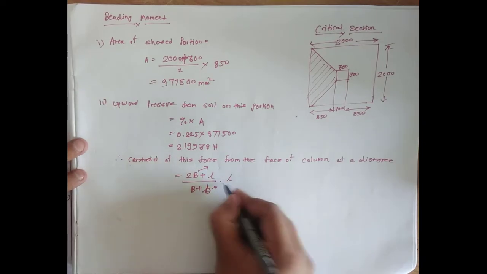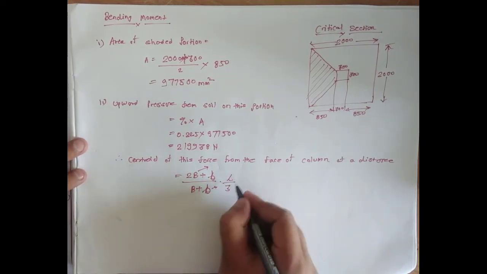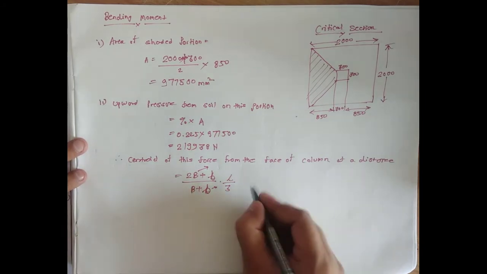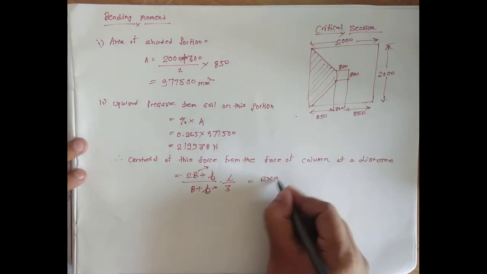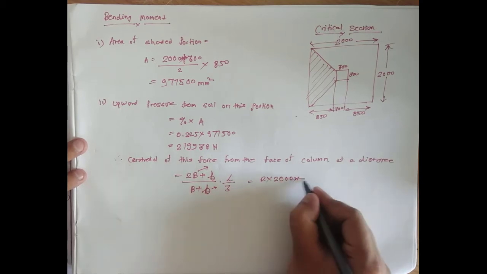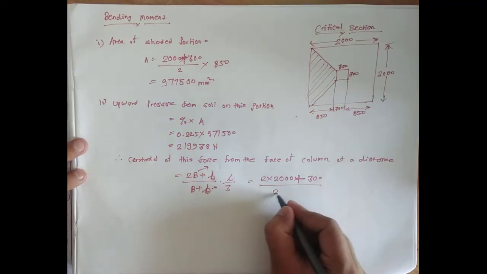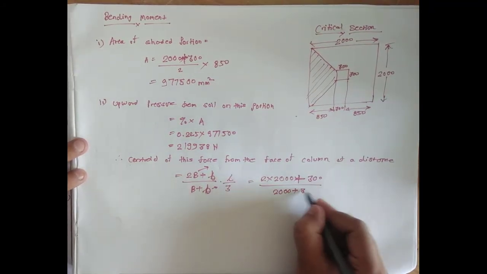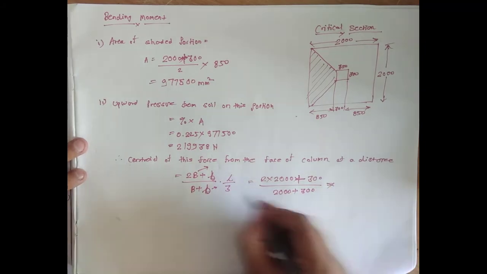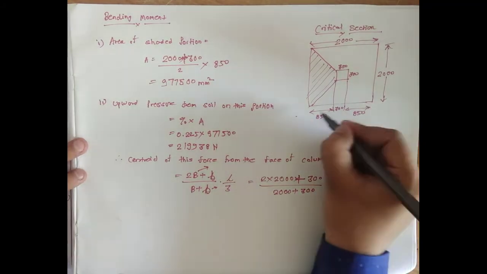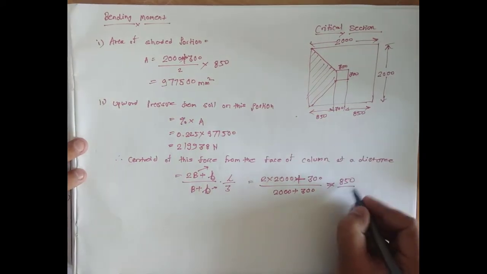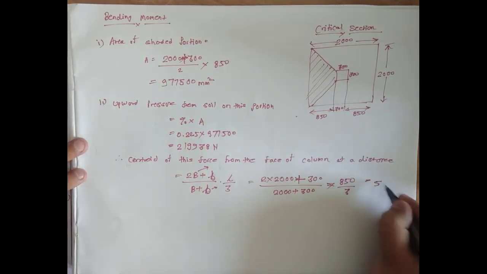So we have 2 into the entire width of the footing, 2000, plus 300, divided by 2000 plus 300, into L by 3, where L is 850. This is the 850 distance divided by 3. It comes out to be 529.7 mm.